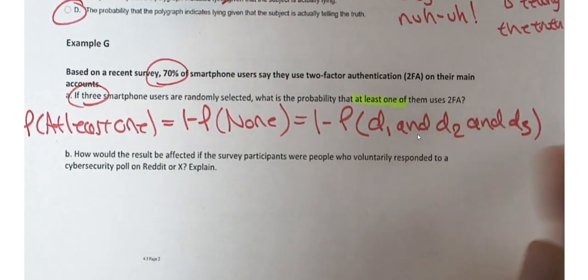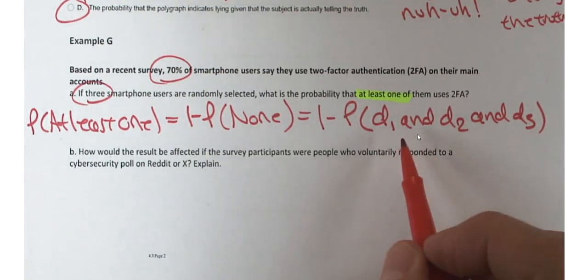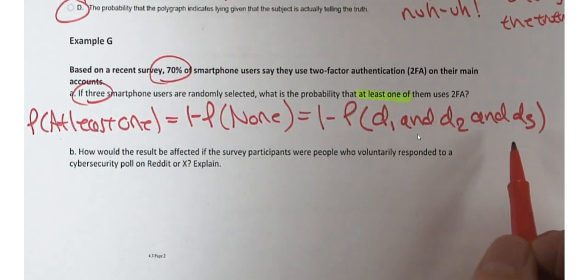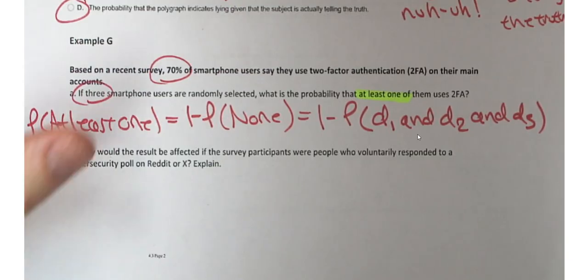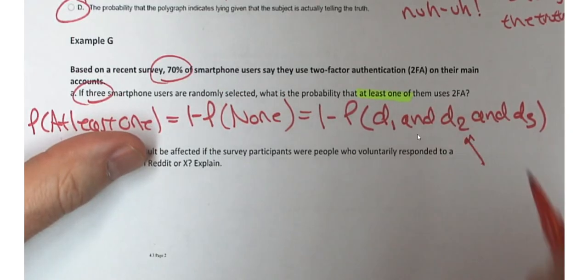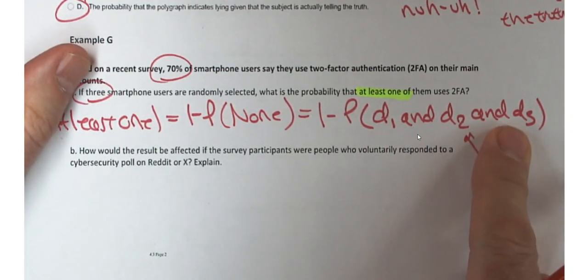So here I'm using D1. First one doesn't use authentication, second one, third one, etc. Now, typically speaking, these surveys are done without replacement. Never seen a survey where people say, oh, well, let's just put them back in the pool and maybe sample them again. So if you're sampling without replacement, then technically these would be dependent events.